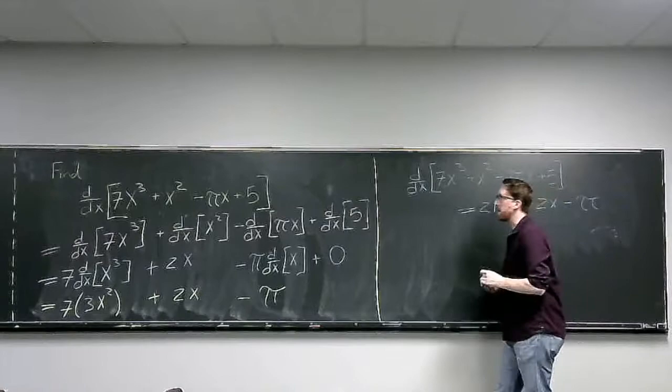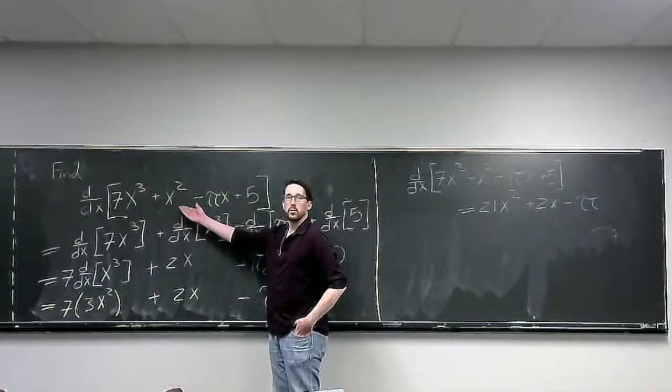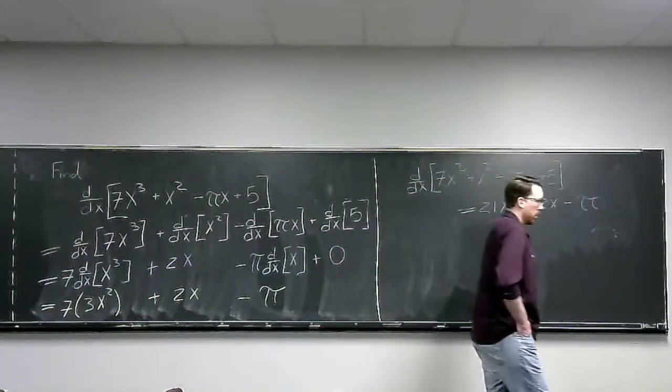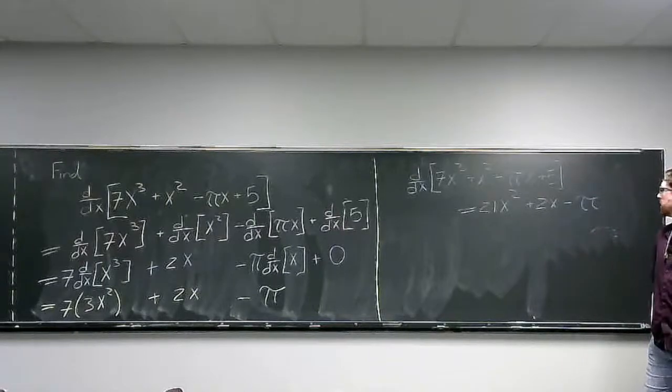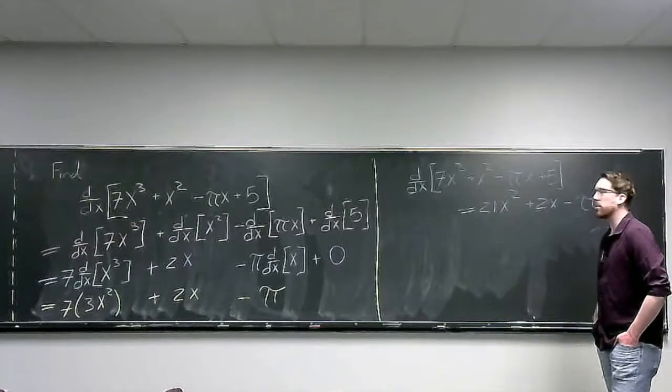And that, ladies and gentlemen, is the derivative of our original polynomial here. So take a second to absorb this. Pause the video if you need, but I will be erasing this and moving on to another question now.